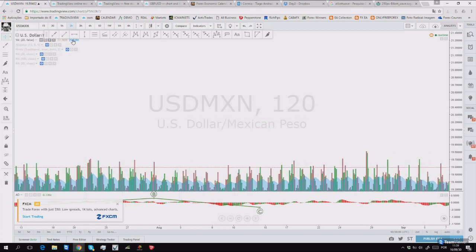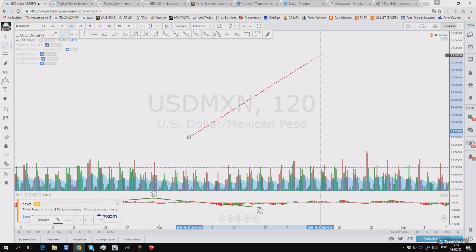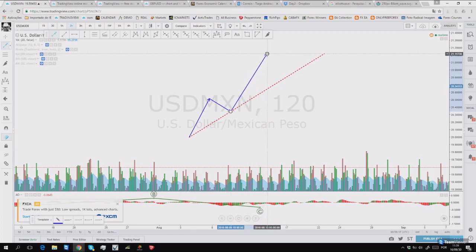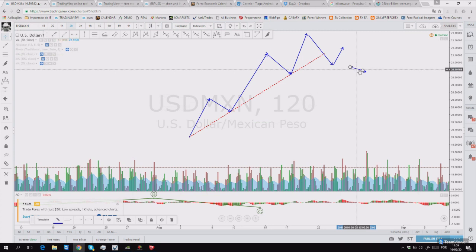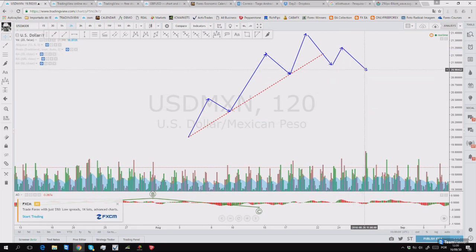And why is that? Let's do a trend line here. So you have price going here, here, here, here, here, and here.